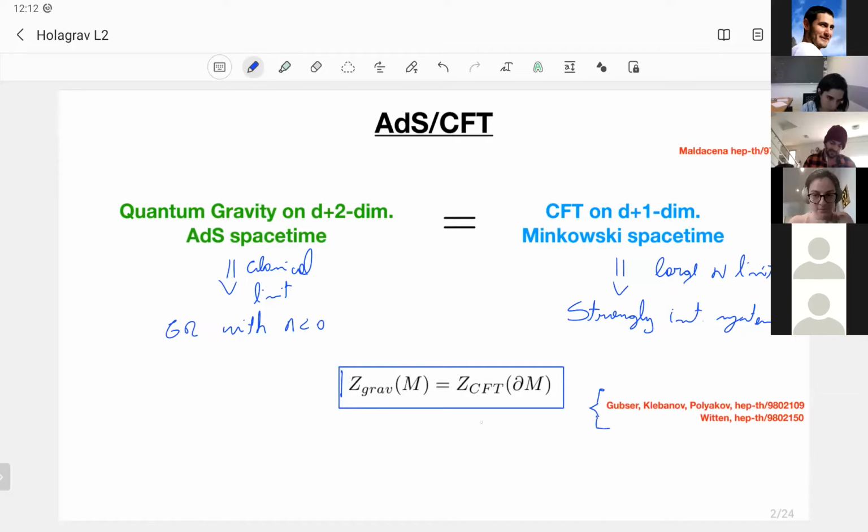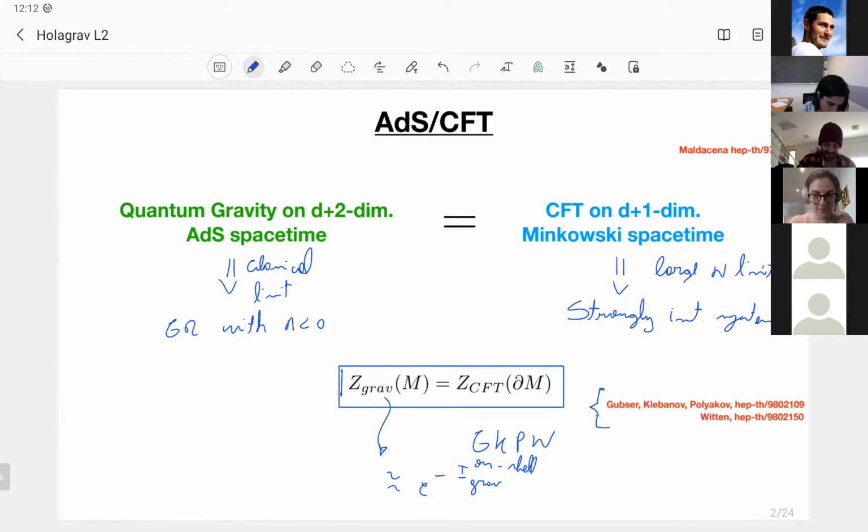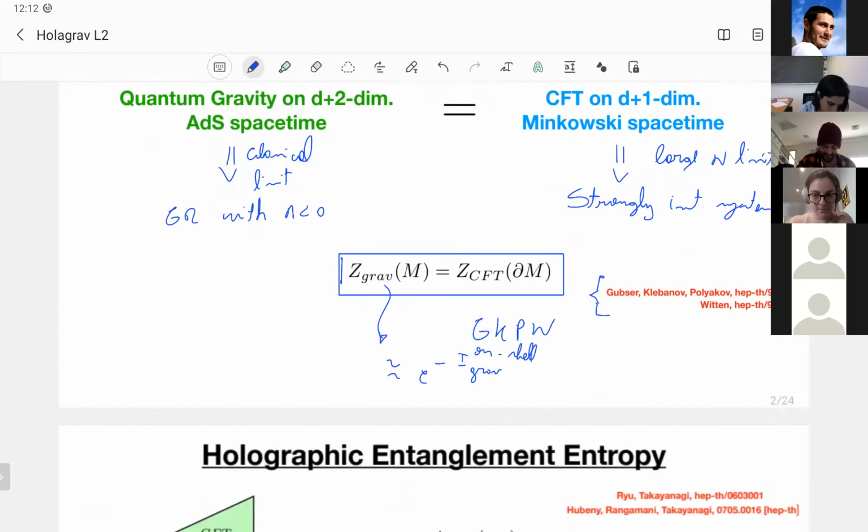The relation is called GKPW. And moreover, in the semi-classical limit, this can be approximated, as maybe you already know, by the on-shell action in gravity. This is mostly what we need to know about AdS/CFT. Of course, this is a very simplistic way of introducing AdS/CFT.